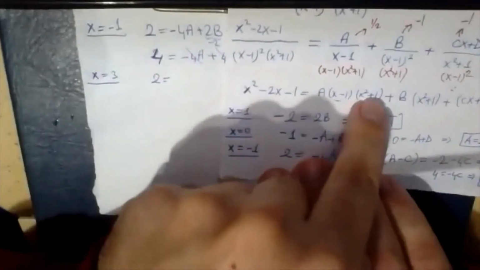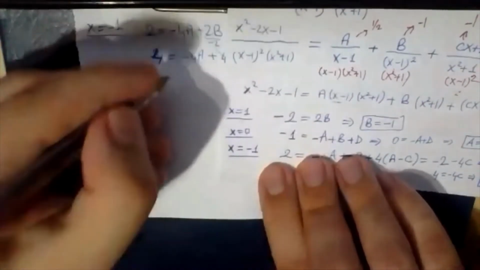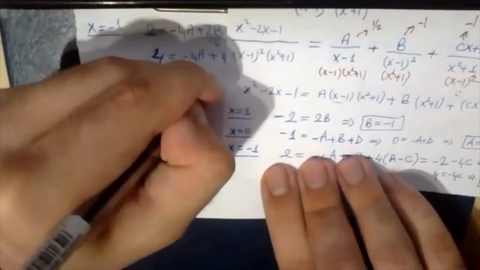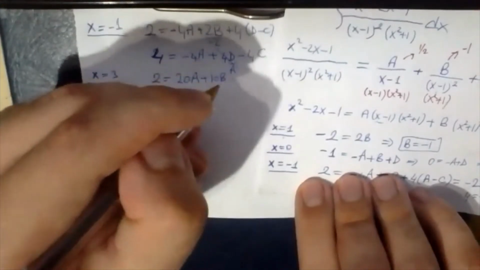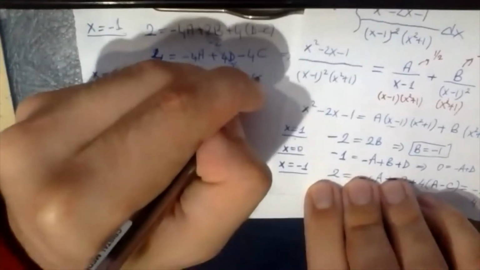And x square plus 1 will be 10. x minus 1 will be 2. So we will have 20a plus 10b plus 4 times (3c plus d).